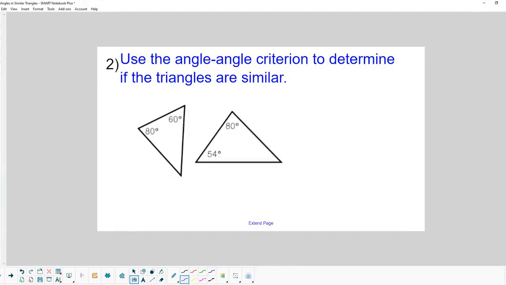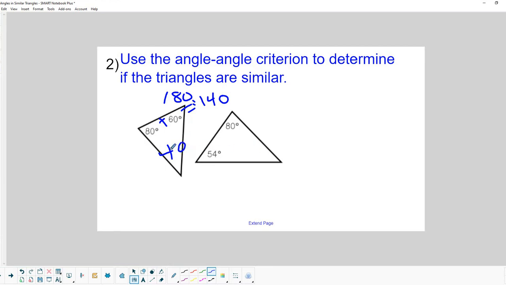Right, what about these two? Are they similar? Well, we got 80 and 60, which adds up to 140. If I subtract that from 180, then my missing angle over here is 40.